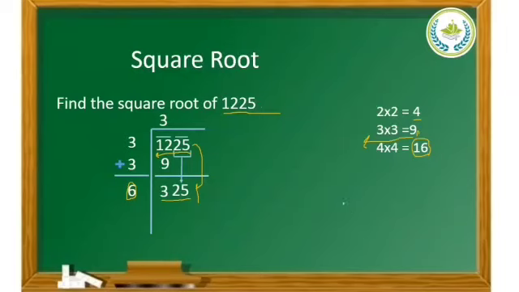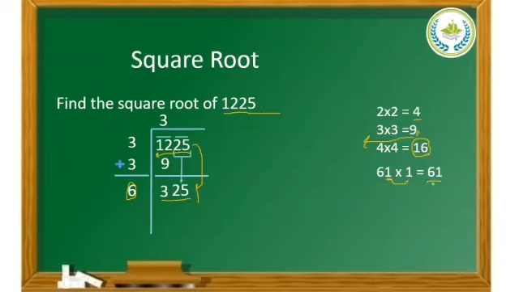I will take 6 and write a number with the 6 and multiply with the same number. As you can see, I am writing here 1 and multiplying it by 1 and I will get 61.